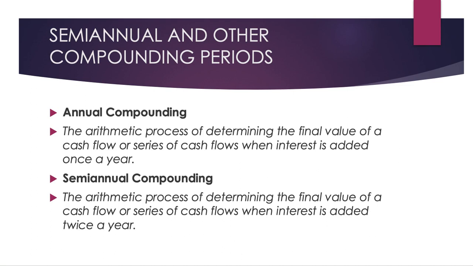And we might also have semi-annual compounding, depending on the time horizon of your investment. That's basically the arithmetic process of determining the final value of a cash flow or series of cash flows when interest is added twice a year. So in the semi-annual compounding, this interest payment is received every 6 months.